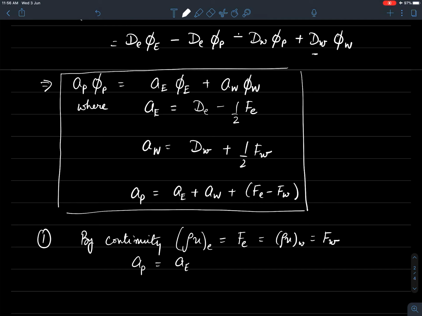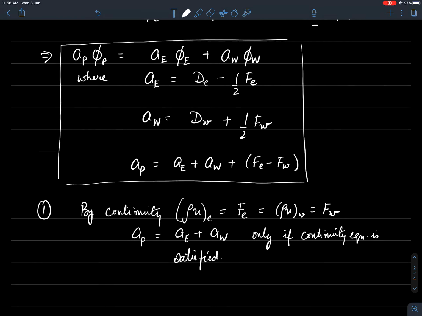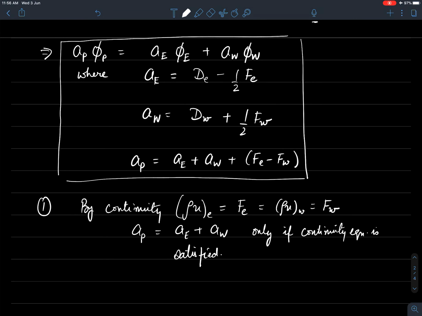So technically AP should be equal to AE plus AW only if the continuity equation is satisfied. It may seem strange to say only if it is satisfied, but sometimes the variable phi itself may be a velocity component that we are trying to solve.